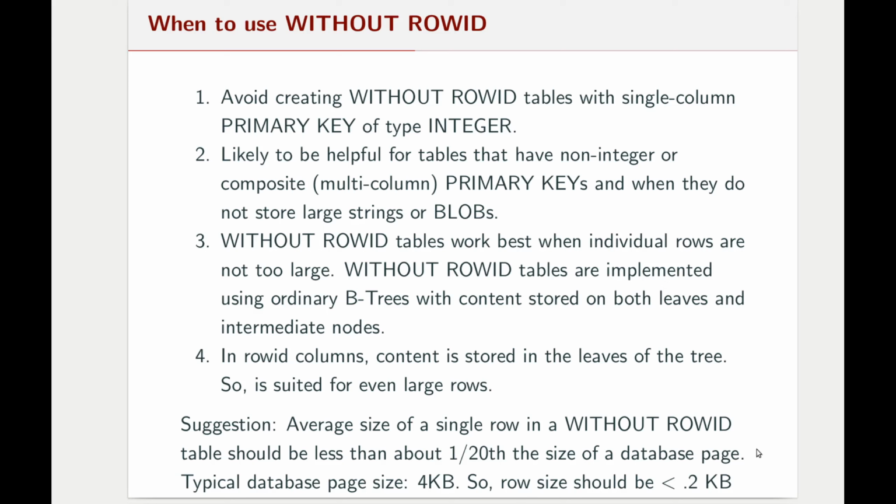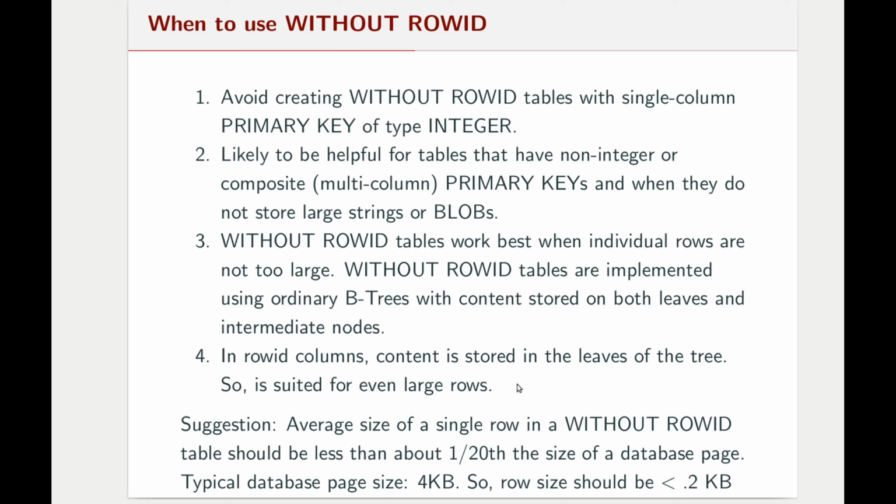So it turns out there is actually a bit of math to be observed. By default, the page size is 4 KB. If your row is 1/20th the size of a database page or lesser, then you can afford to use without row ID. So basically the row size should be less than 0.2 KB.